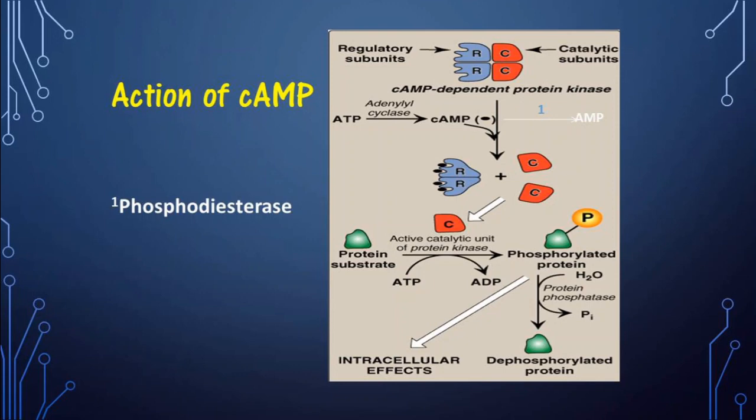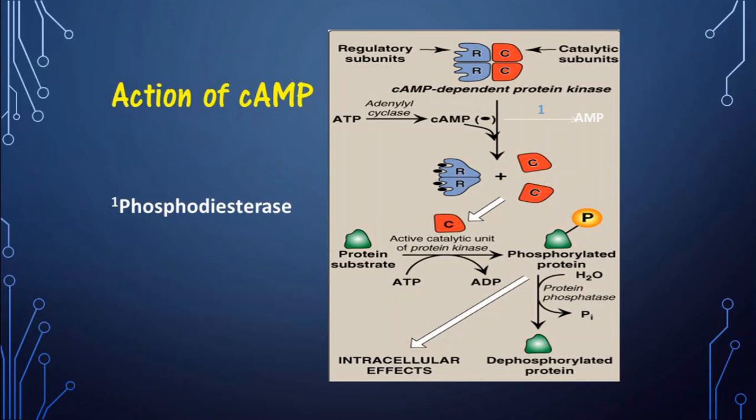In the presence of cyclic AMP, the regulatory subunits are removed and the catalytic subunits are released, thereby becoming active. The catalytic subunit converts the protein substrate to a phosphorylated form of the protein, and the phosphorylated form of the protein mediates other intracellular effects.